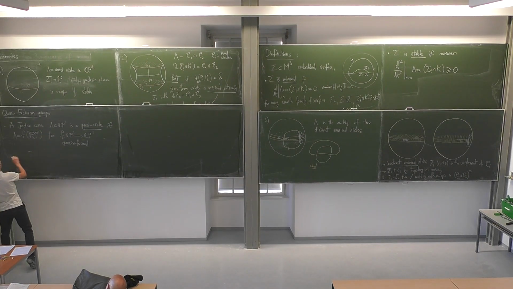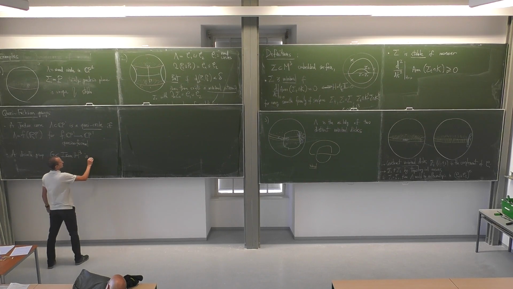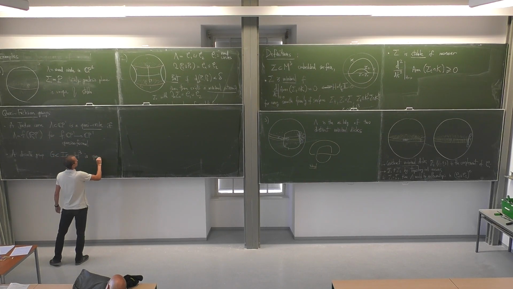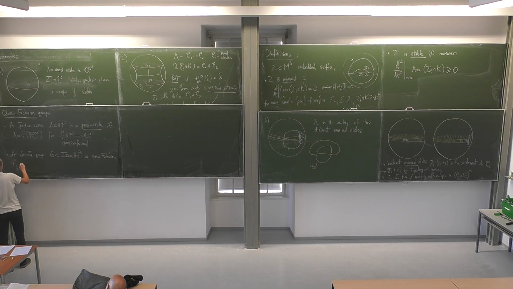And a discrete group G, a group of isometries of H3, is quasi-Fuchsian if its limit set is a quasi-circle.